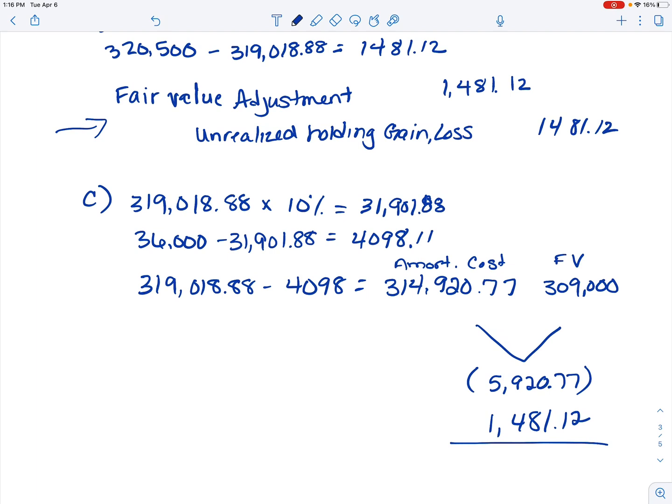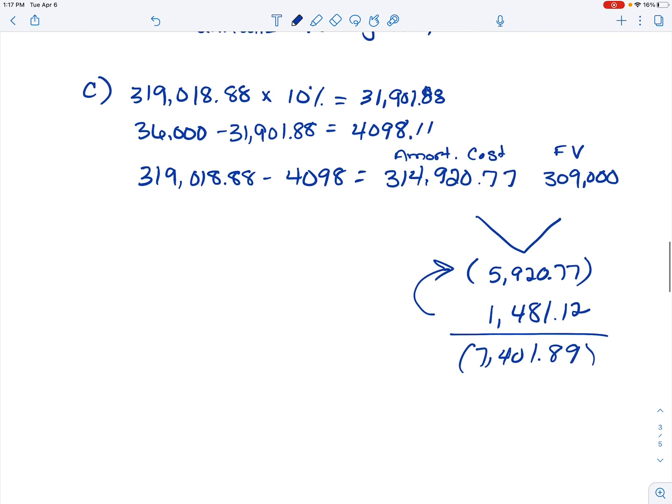So to get my loss to actually show that amount, I have to record a fair value adjustment of $7,401.89. When I do this, the journal entry doesn't change, but now I'm having to show a loss for that amount.